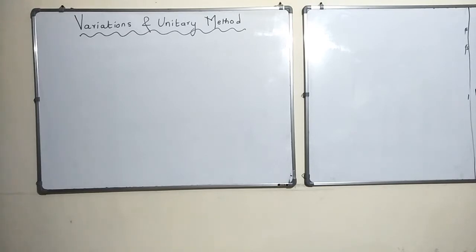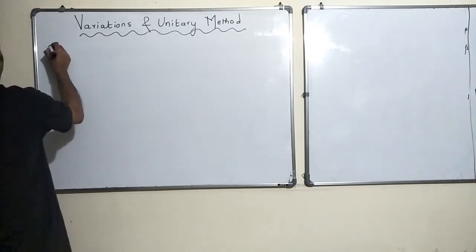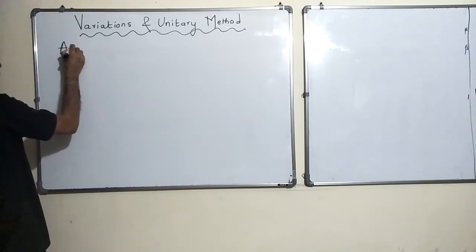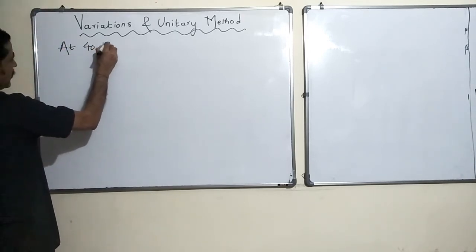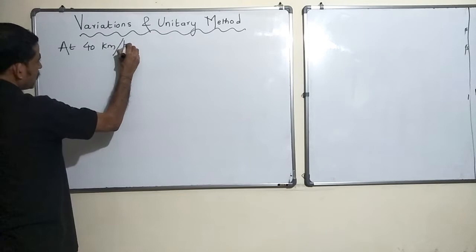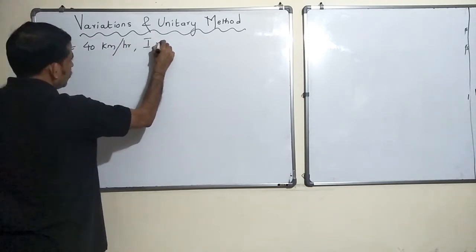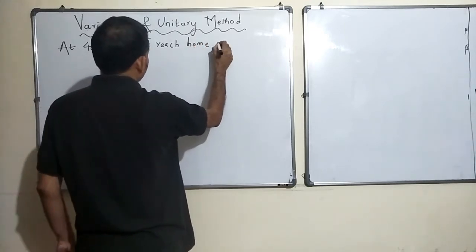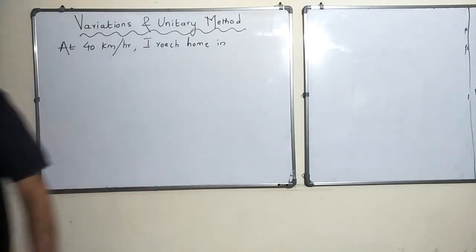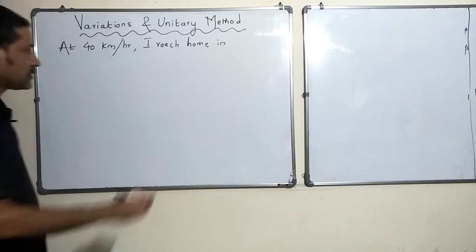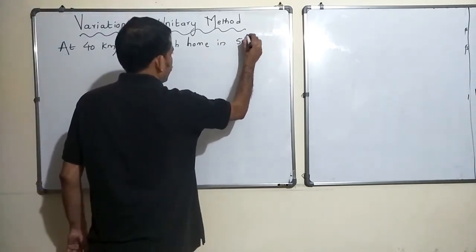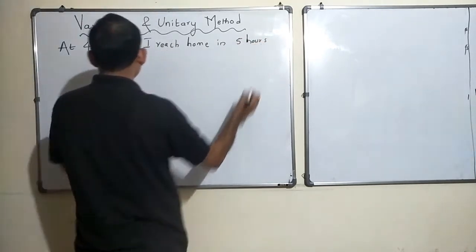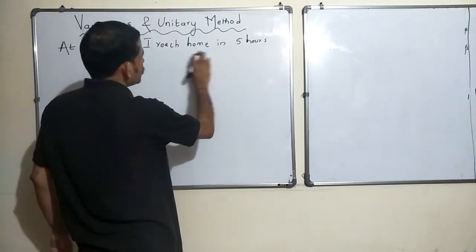Let's do one more problem. At 40 kilometer per hour, I reach home in 5 hours. So if you drive at 40 kilometer per hour, you reach home in 5 hours.